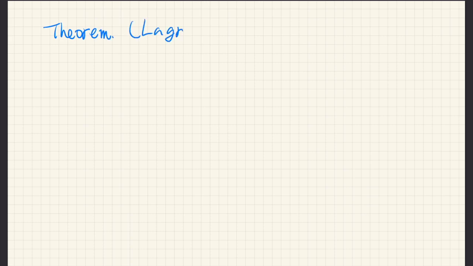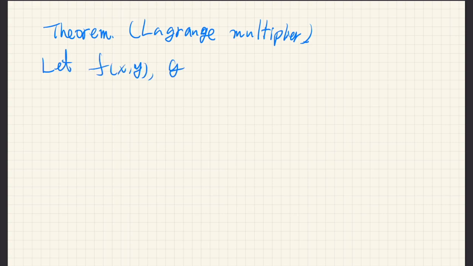Lagrange multiplier. Let f of x, y and g of x, y be of class C1, that is, at least once continuously differentiable. Both of these are.